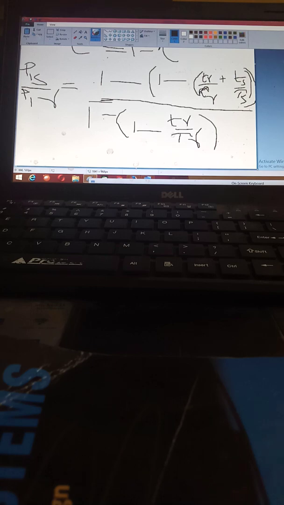So 1 minus 1 goes, and minus into minus becomes plus. Similarly here also, 1 minus 1 goes, and minus into minus becomes plus. So it becomes like this. Is it clear?